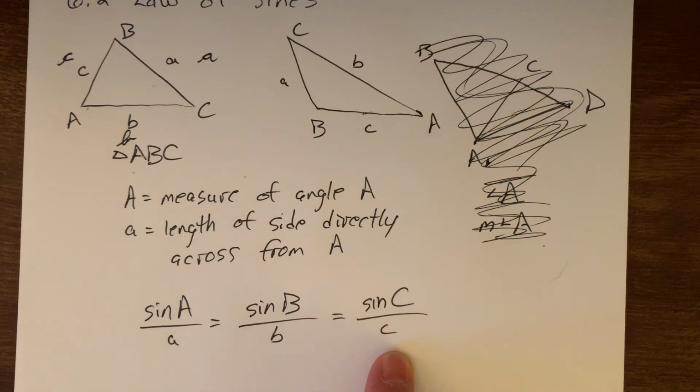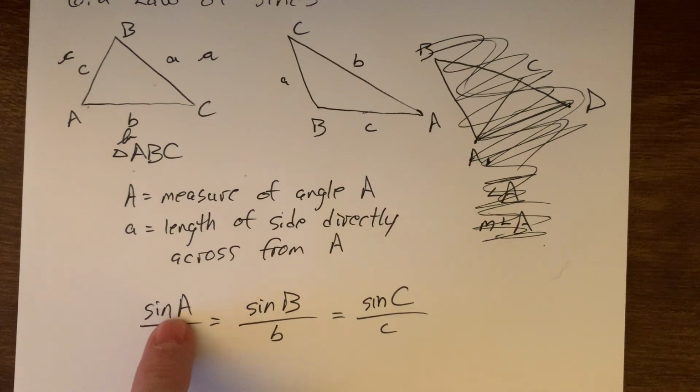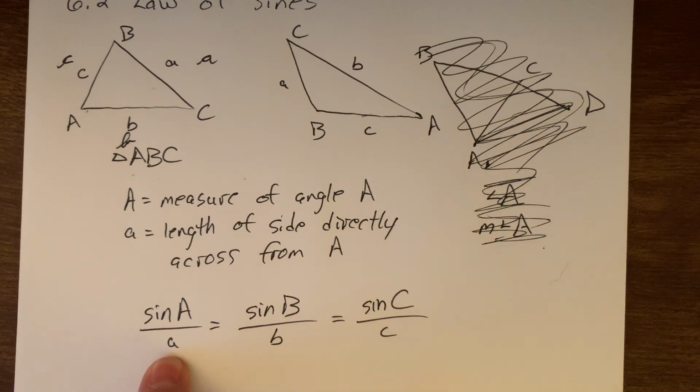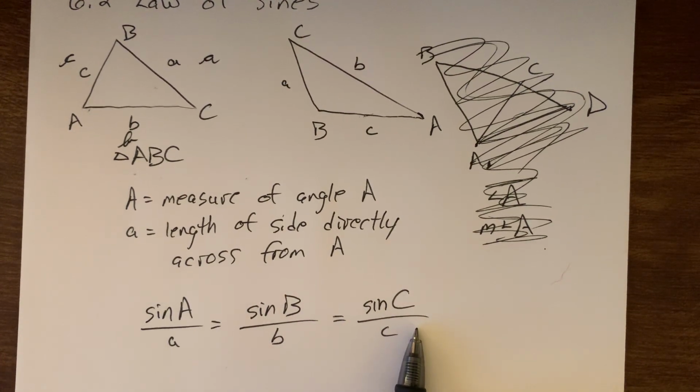But formally what this says is that the ratio in any triangle of the sine of the angle divided by the corresponding opposite side is always an equal ratio. So it doesn't matter if I use sine of angle A over side A, or sine of angle B over side B, or sine of angle C over side C. These will always be the same ratio.